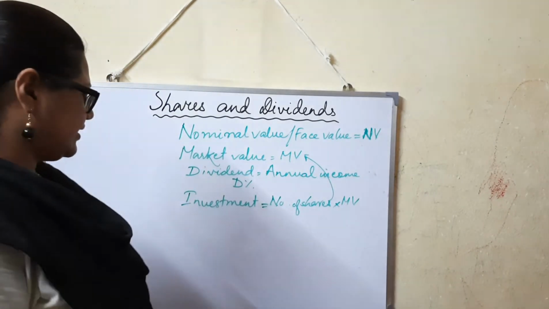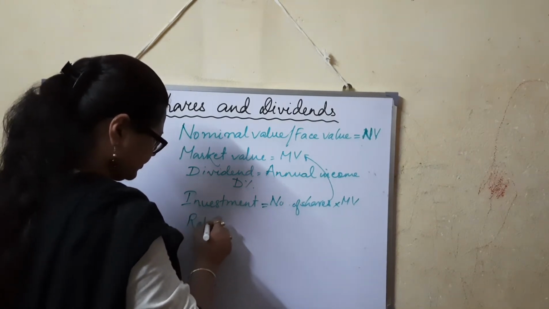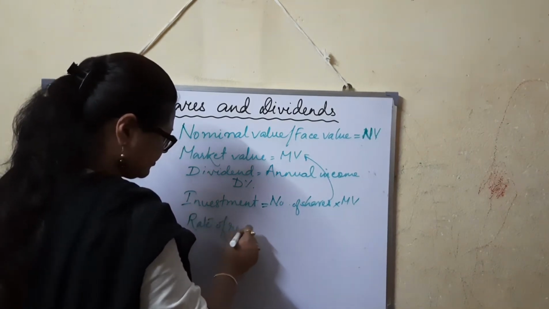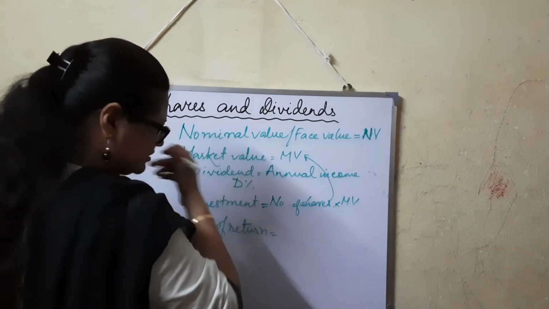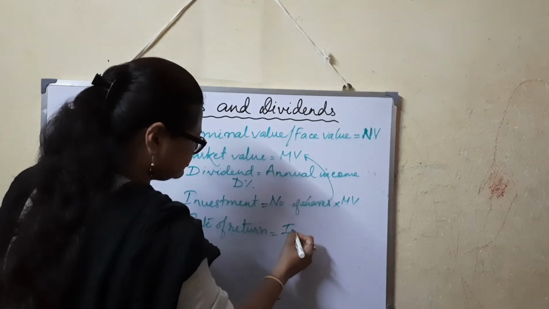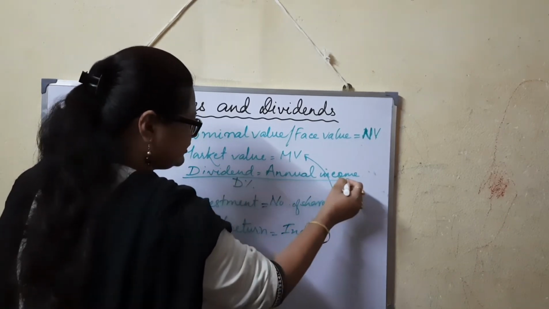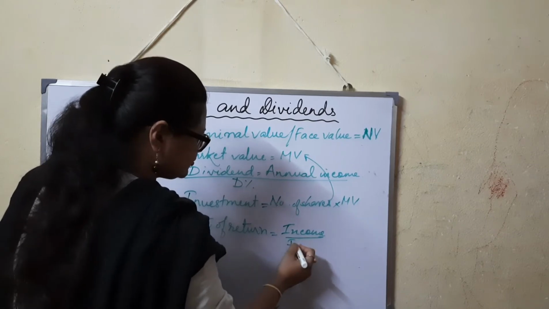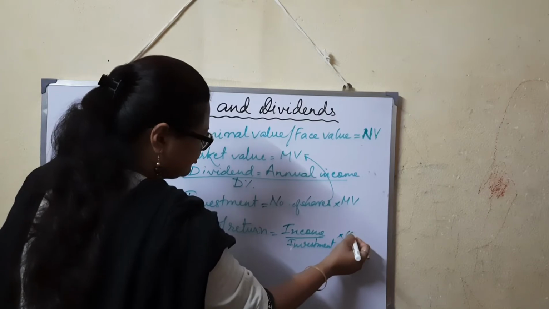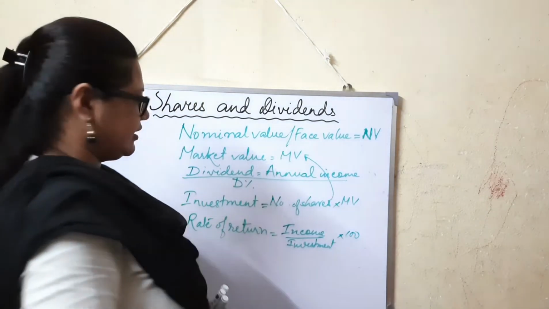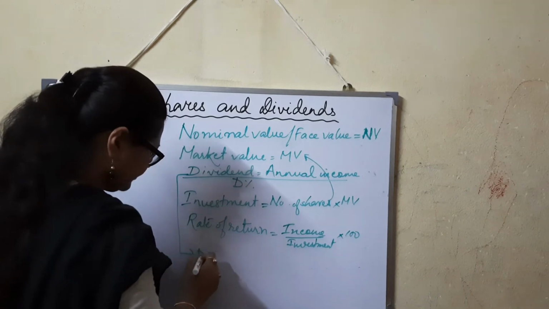Other than this, you have rate of return, which also means income, where income means dividend or annual income, by investment into 100. And how do we find the dividend?